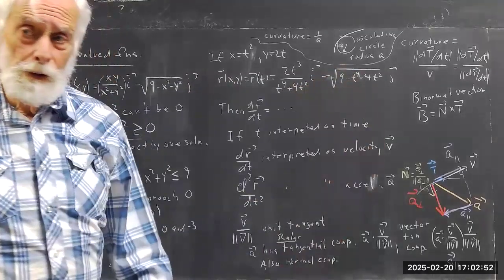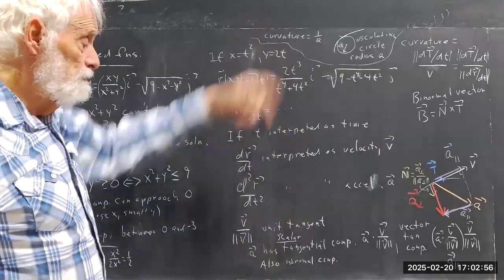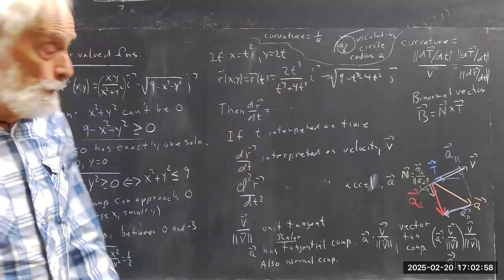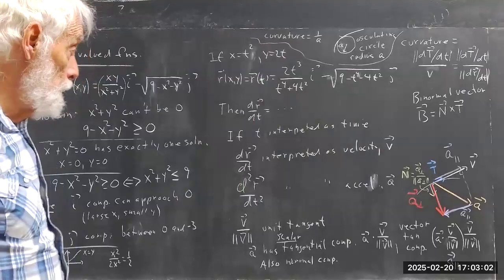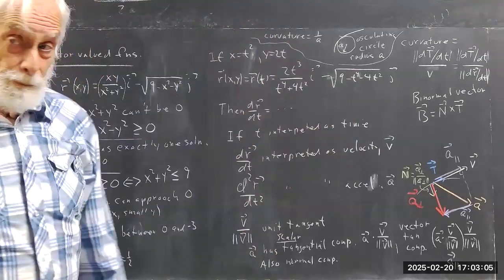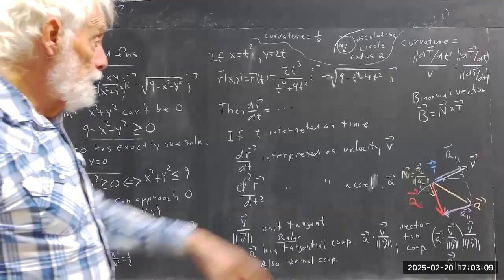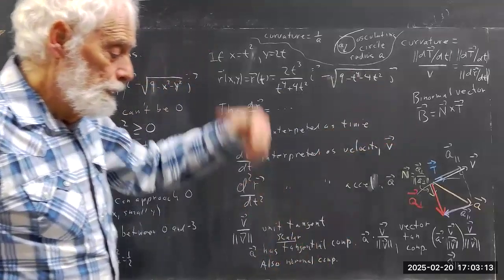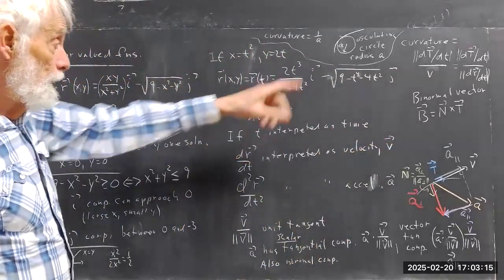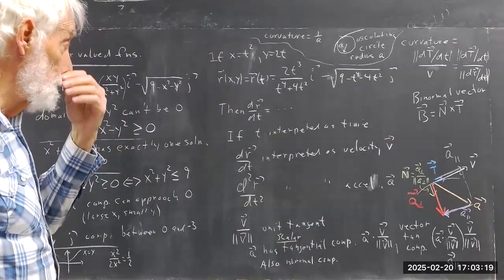You can calculate this derivative, and if you have time, I recommend it. A good little refresher. You've got to use the chain rule over here, and the quotient rule over here. And it's a little bit messy. You're going to end up with a square root of this whole thing in a denominator and a numerator, and that's for your j. And here you're going to end up still with a numerator and denominator.